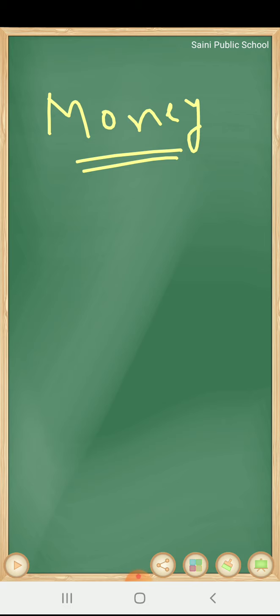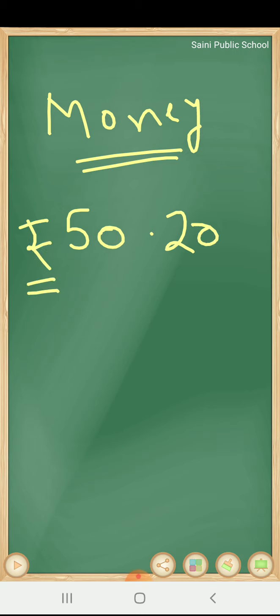We will discuss how we can write money in words and in the form of figures. For example, if we want to write 50 rupees 20 paise, we will write like this. This is the symbol for rupees, then 50 and 20 and a dot between these two numbers.